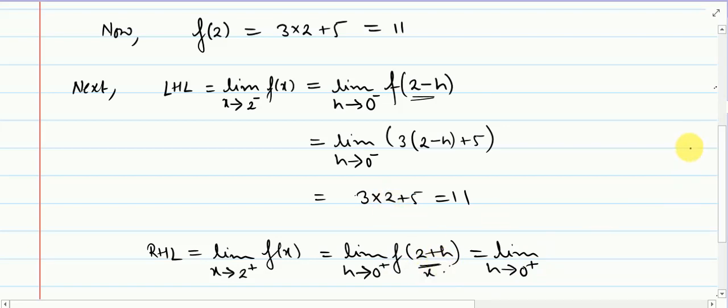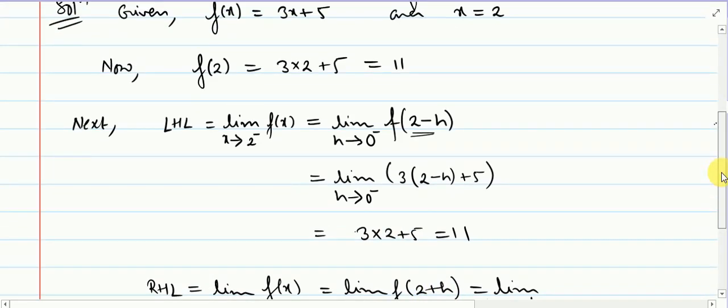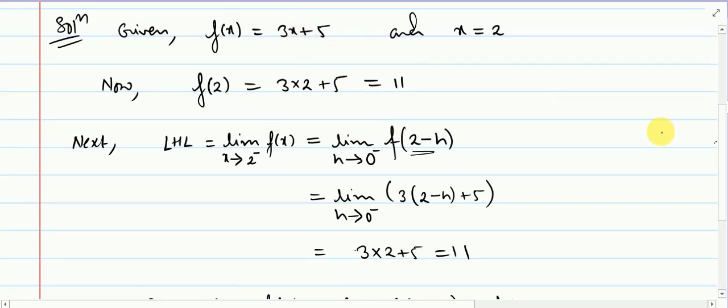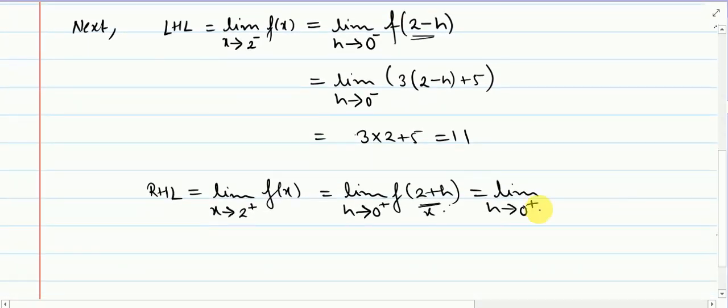Okay, so this is the definition of the function 3x plus 5. So we will get 3, and here 2 plus h plus 5. Here if you put h equal to 0, then you are getting definite value, so that is the only limit. Okay, so 3 into 2 plus 5, it's coming 11.